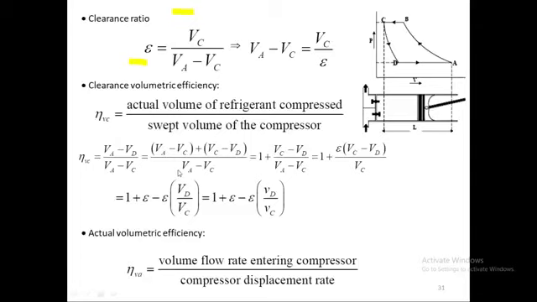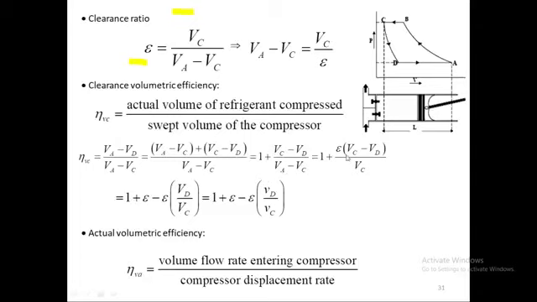We can also write it by adding and subtracting VC, so we get VA minus VC plus VC minus VD, divided by VA minus VC. This can be simplified as 1 plus VC minus VD divided by VA minus VC, or this VA minus VC is VC upon epsilon, so 1 upon VA minus VC will be epsilon upon VC, so that's what we have replaced here.